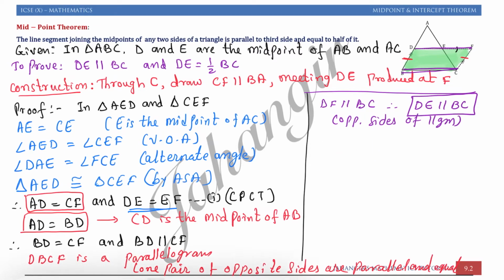Now first we can say DF is equal to BC, opposite sides of a parallelogram.